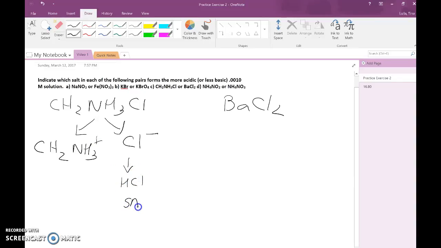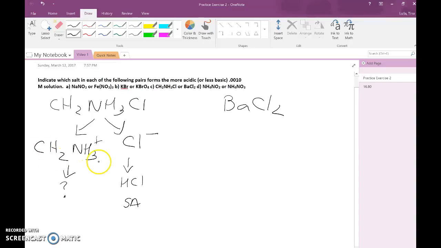HCl, strong acid. I don't know what this makes, but it's going to make a base, and whatever it is, this CH2NH3 doesn't take the form of any base that I know as being strong. Remember, all my strong bases are hydroxides.